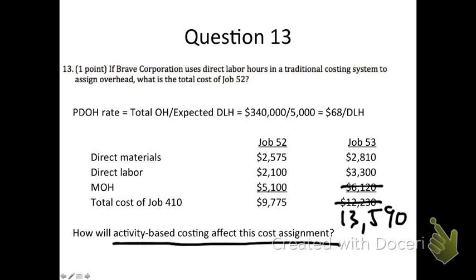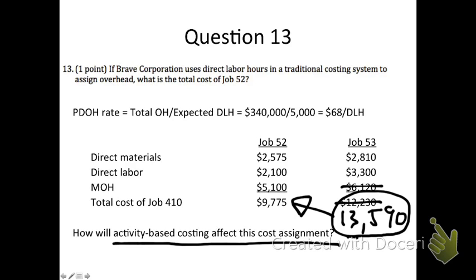The phenomenon is that the higher volume product is going to be overcosted, and the lower volume product is going to be undercosted. So we would expect that under activity-based costing, some of this cost shifts to job 52 because that is the lower volume. This is based on the assumption that our lower volume product is a little bit more complex and actually uses more of our overhead resources.